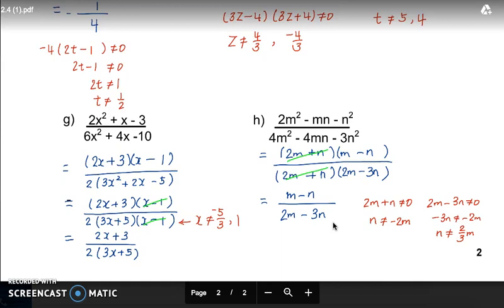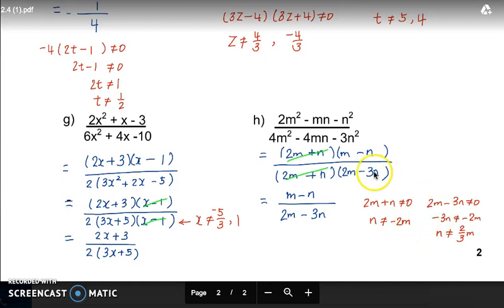For the restrictions, it will look a little strange here because we do have two variables. So instead of getting a number as a restriction, you will get an algebraic inequality. So set 2m plus n not equal to 0. I decided to isolate n, so n can never be -2m.